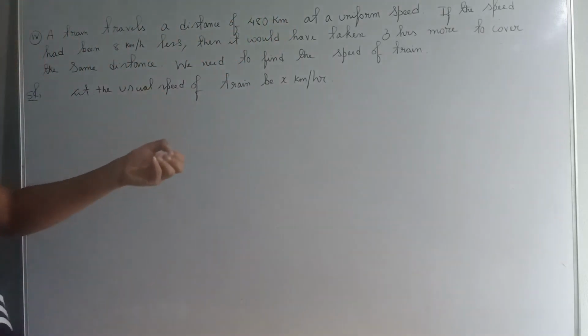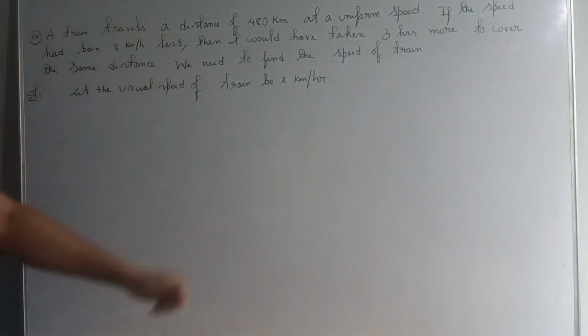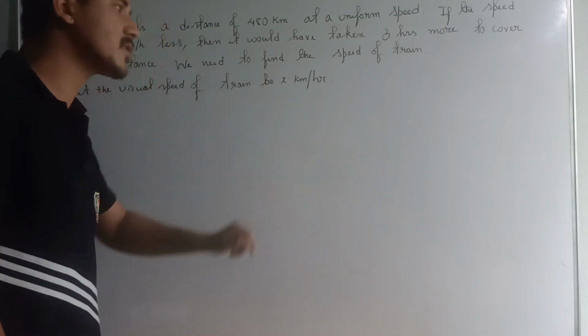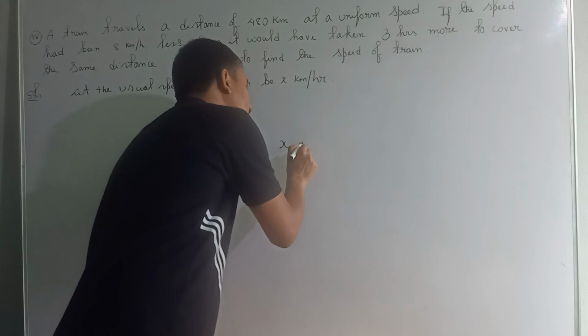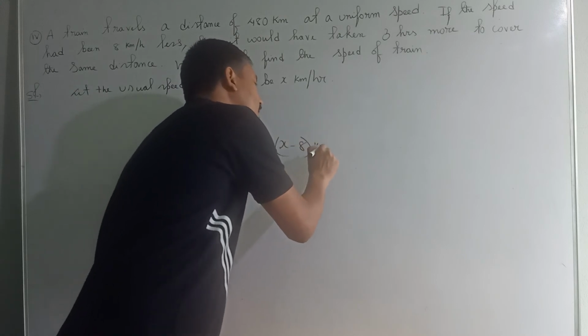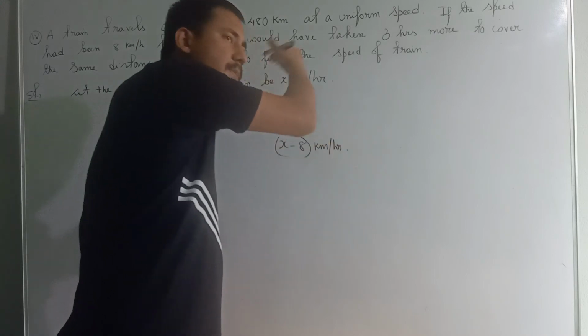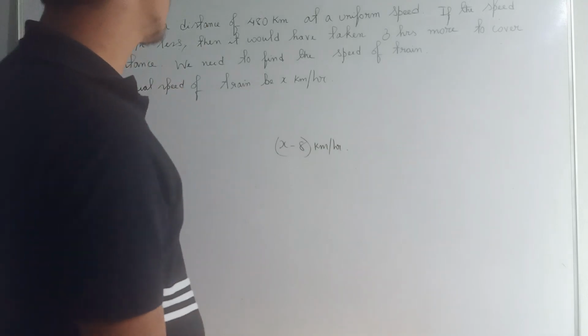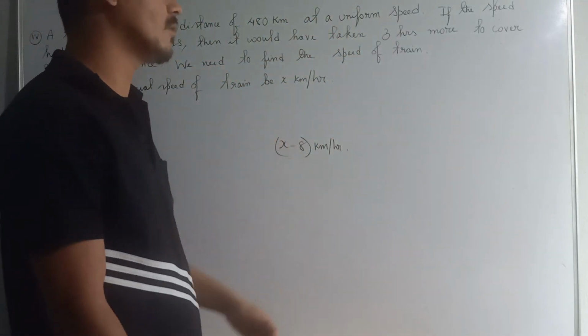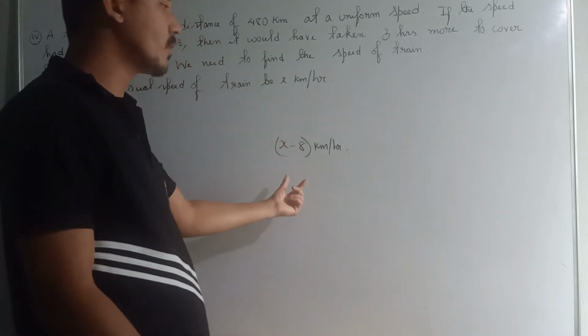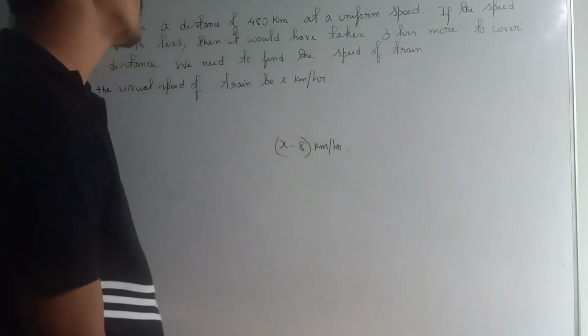Now if the speed decreases by 8 units, then the speed of the train will now be x minus 8 km per hour. Usual speed is x. This time the speed has been reduced by 8 units, so the new or decreased speed of the train will be x minus 8.